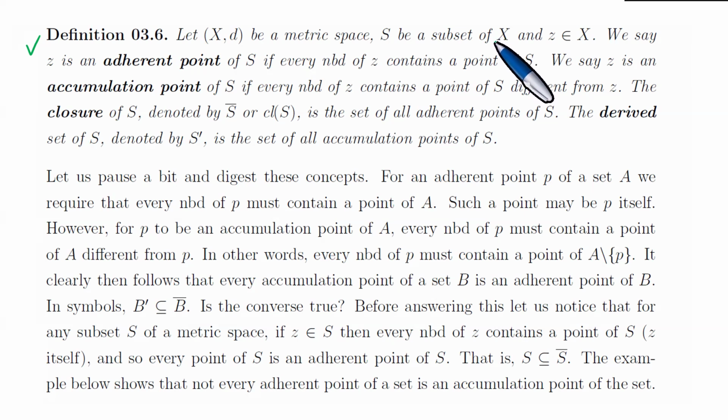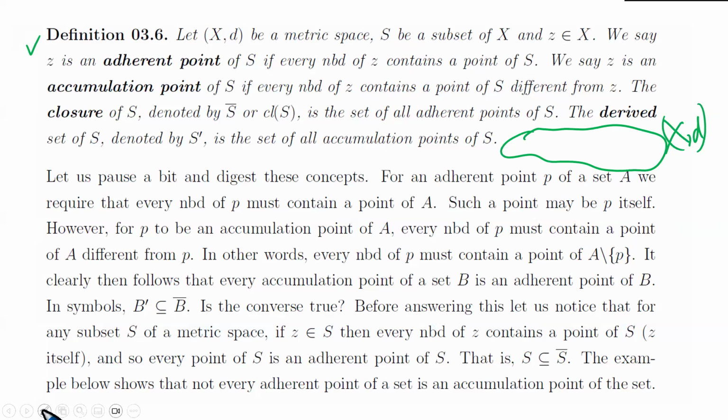We're still here. Okay, let's look at this definition quickly. If (X, d) is our metric space, or largest possible universal set, and S is a subset of X, then this is our metric space, and S is a subset of this.